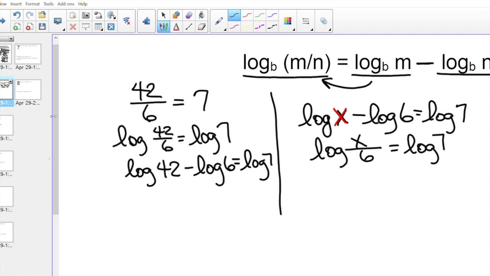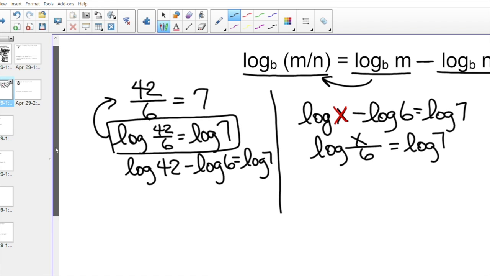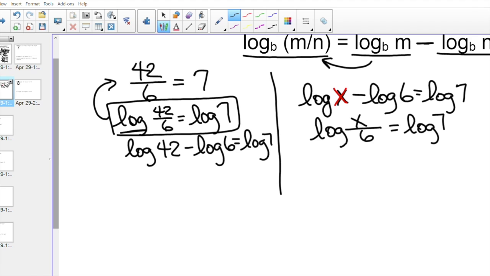Now, if we look over here where we have these, then previously we did not have the logs. If you have the logs on both sides of the equal marks, and we're going to solve for x, what we do is literally drop the logs. Now, multiply both sides by the denominator of 6.